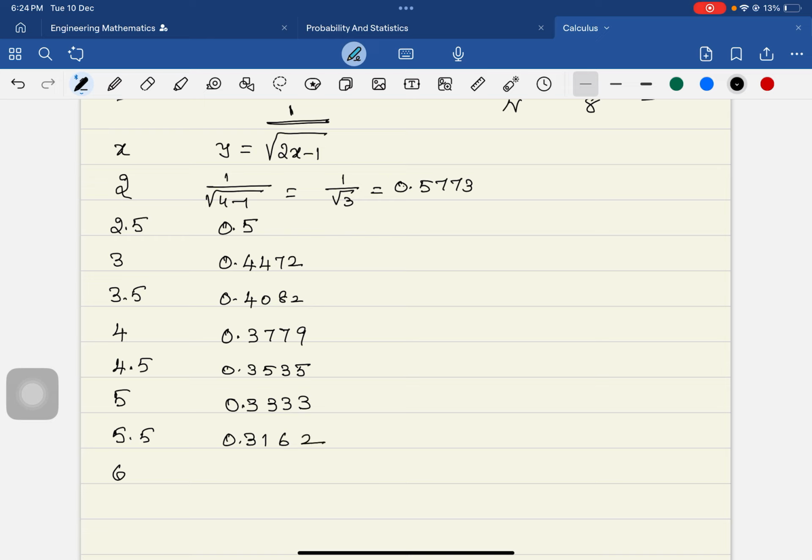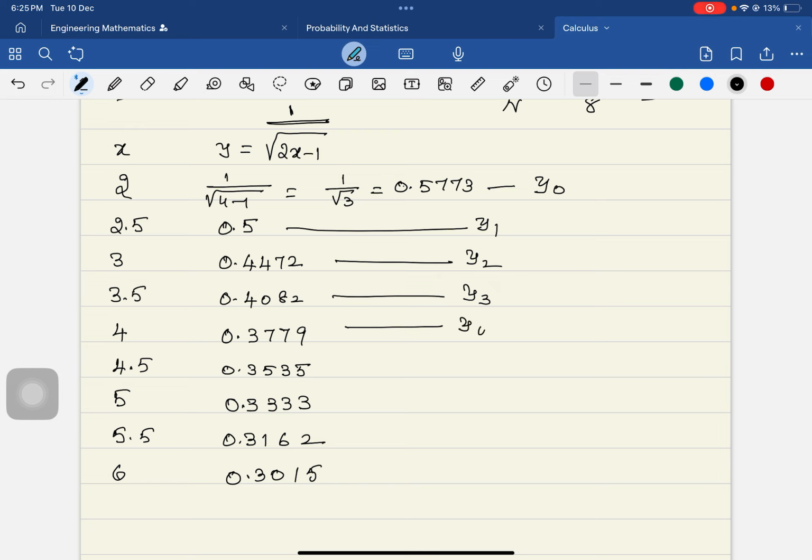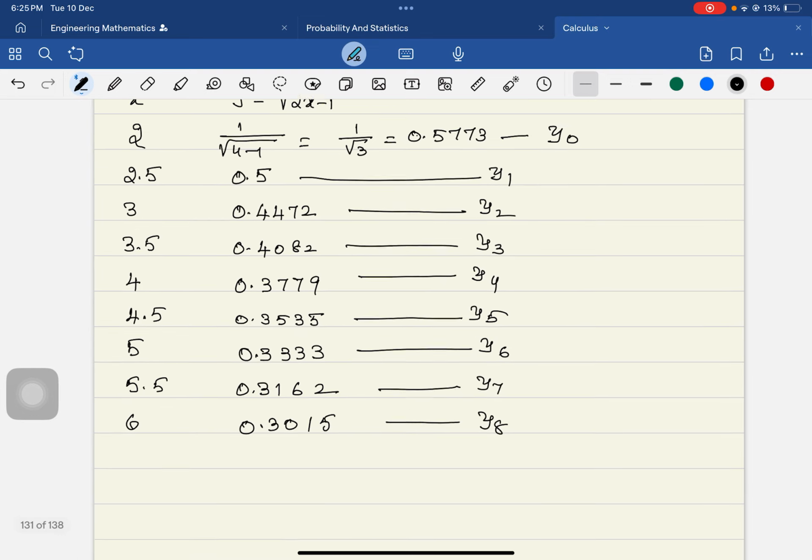When it is 6, 12 minus 1, root 11, 1 by root 11 is 0.3015. So these are the values. Okay. So we will name the values now: y0, y1, y2, y3, y4, y5, y6, y7, y8. I hope you could understand.